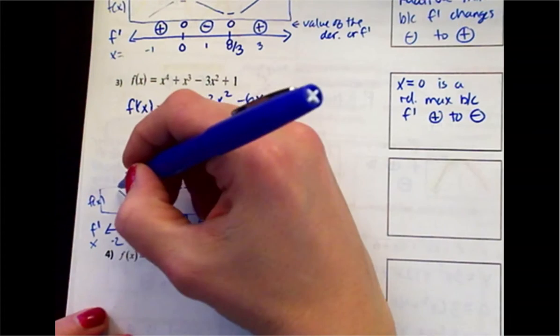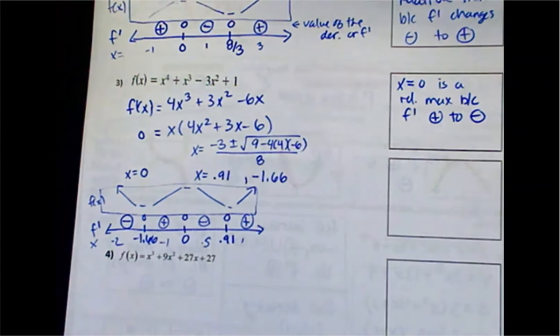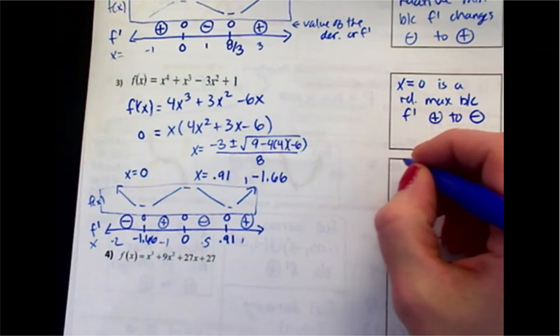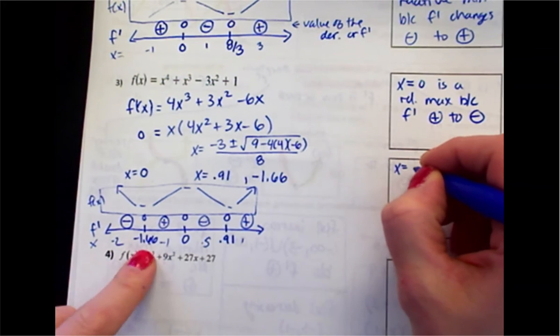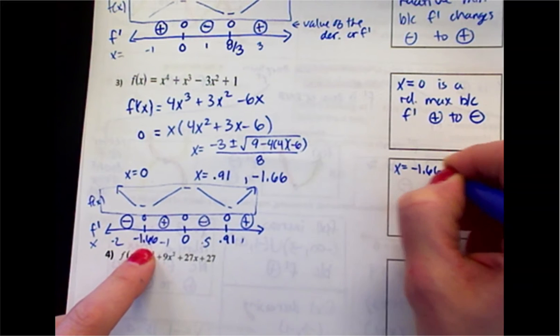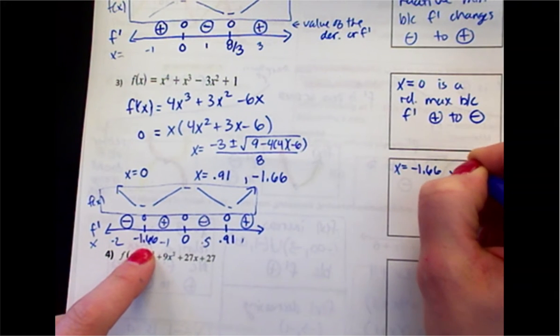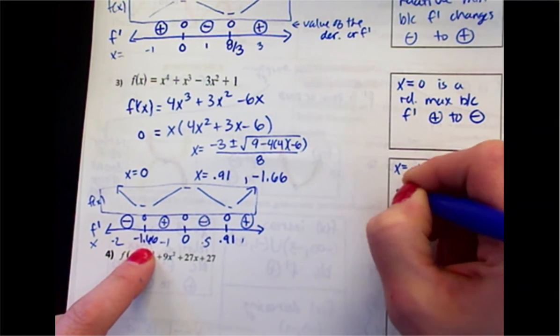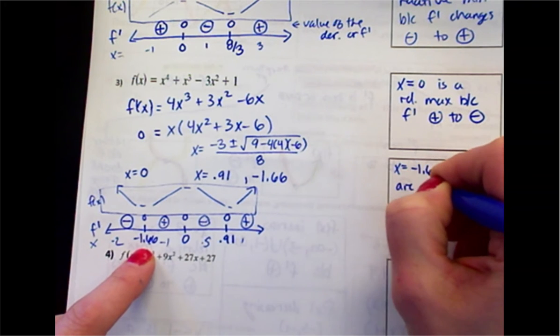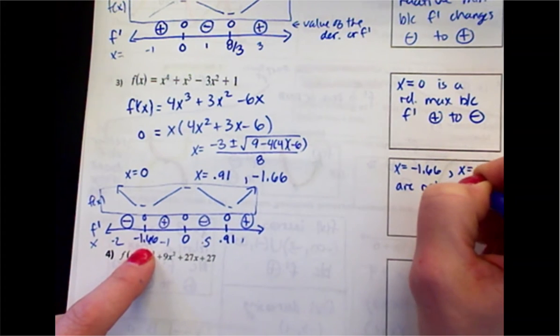Now there would be arrows on this graph, right? Because it keeps going. X equals negative 1.66 and x equals 0.91 are relative mins.